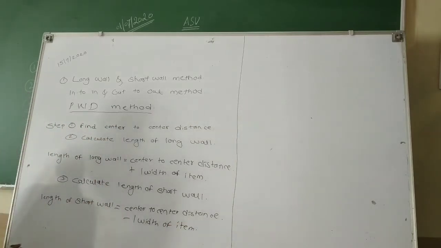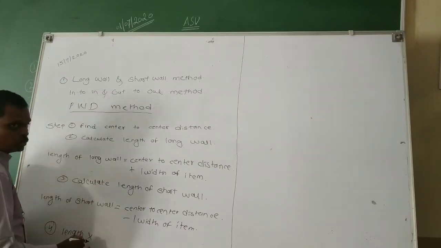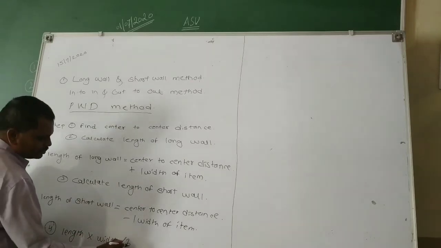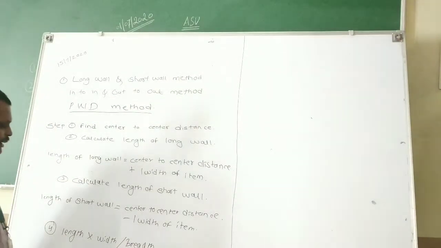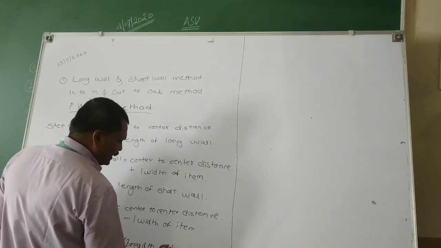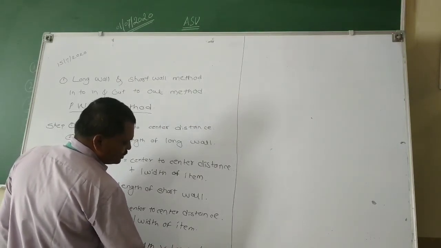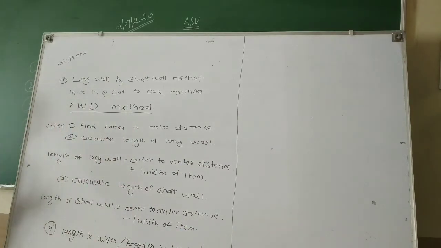And the last thing, we are going to calculate the quantities using length into width or breadth multiplied by height or depth. So by following these steps, very easily we are going to calculate the quantity of any type of item.